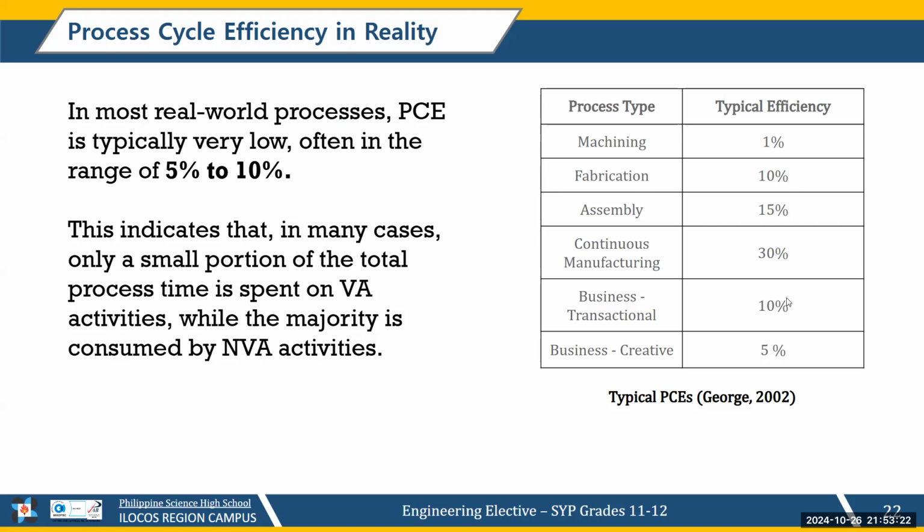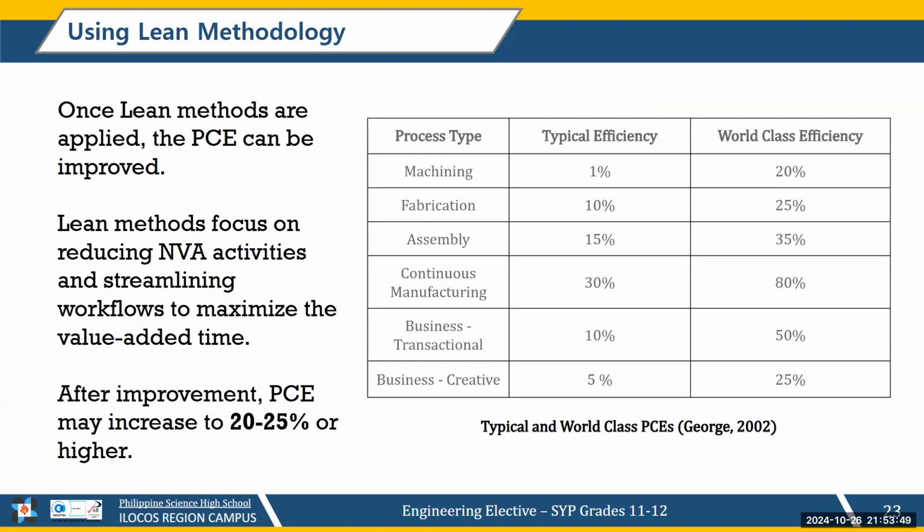So this means that in many cases, only a small portion of the total process time is really spent on value-adding activities. Majority of the time is consumed by NVA activities. Kaya nga palagi nating sinasabi kapag we undergo a certain process, hindi maiiwasan yung magkakaroon ng delays, magkakaroon ng bottlenecks.